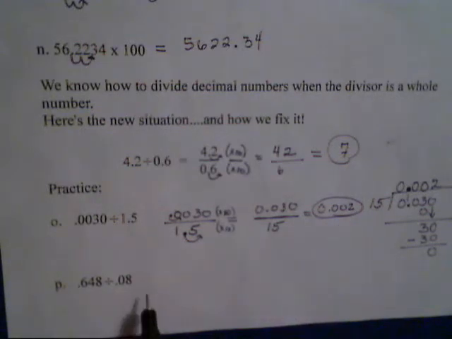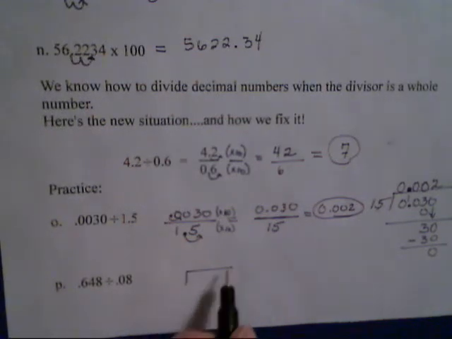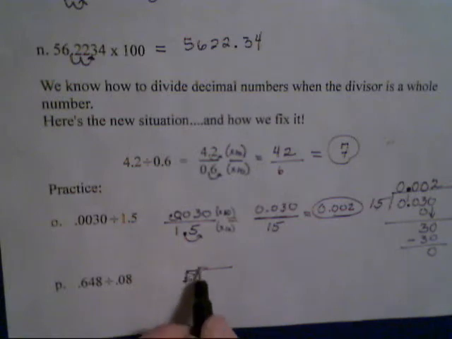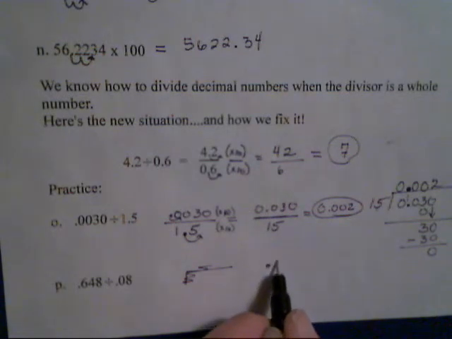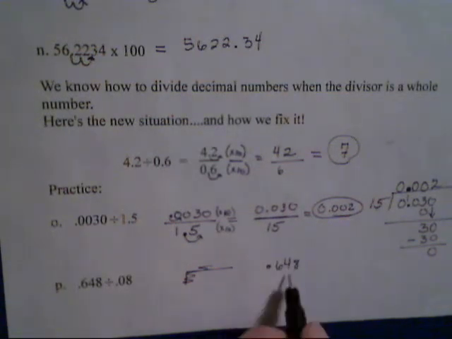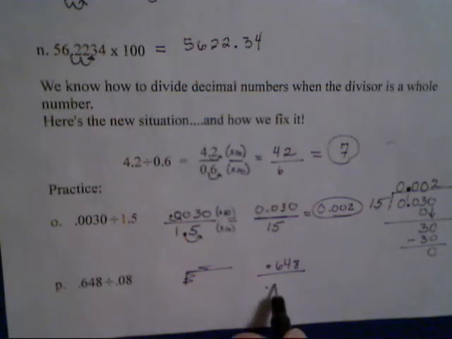All right, let's try this guy. Let's do it with a fraction first. Make sure you can see what I'm doing. We have 0.648 over 0.08. Now this time, if I multiply this denominator by 10, I'd only move the decimal over to there, and that wouldn't clear it.